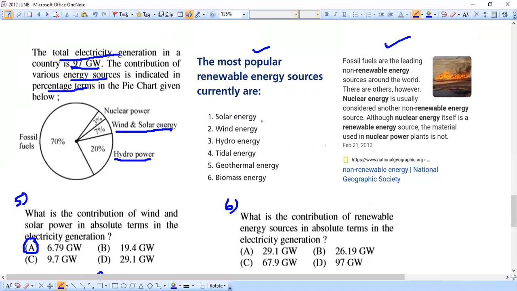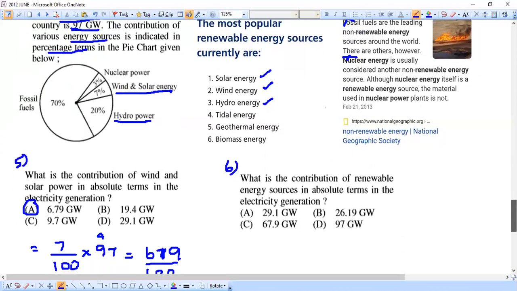So this online source is clearly giving us solar energy, wind energy, hydro energy. All these are renewable sources, but fossil fuels and nuclear energy are non-renewable. So only these two categories we can take into account.